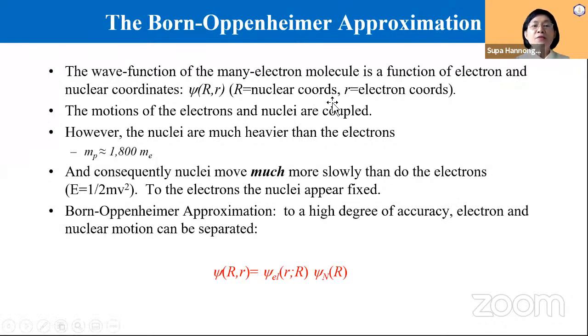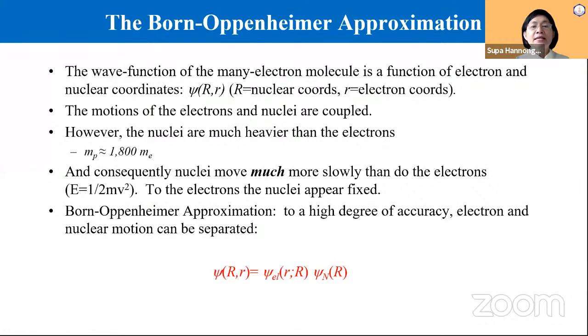So the motion of the electron and the nuclei actually move together. But the mass of the nuclei is much heavier than the electron, about 1,800 times the mass of the electron.